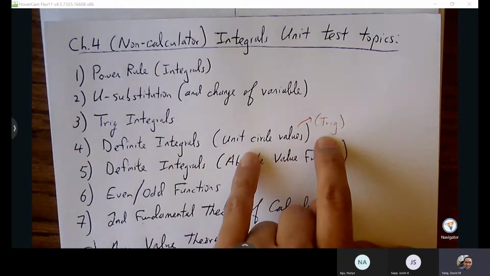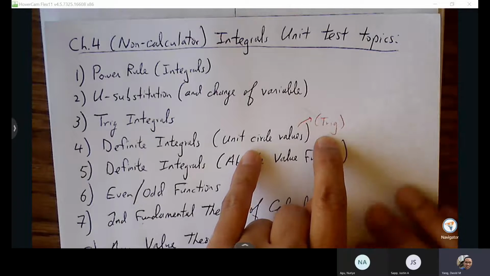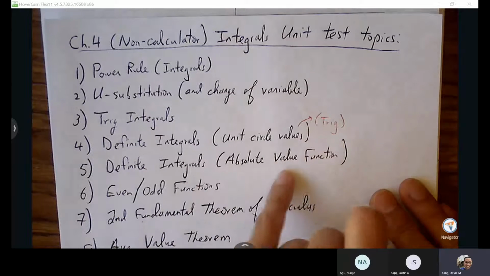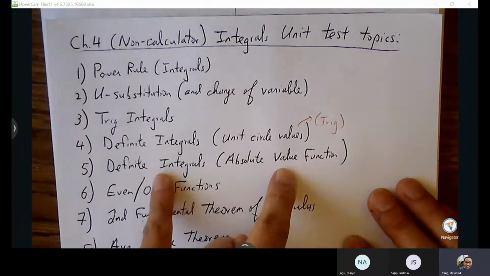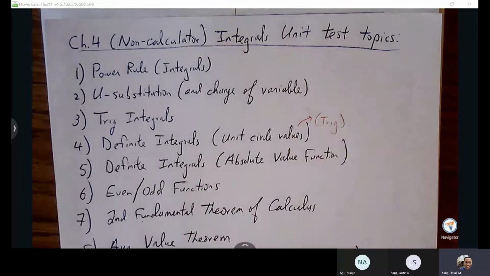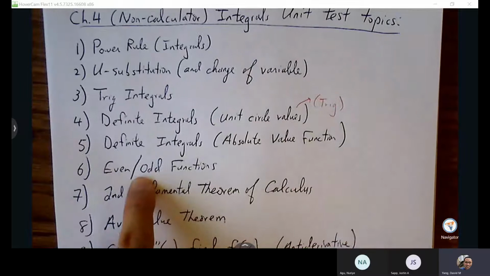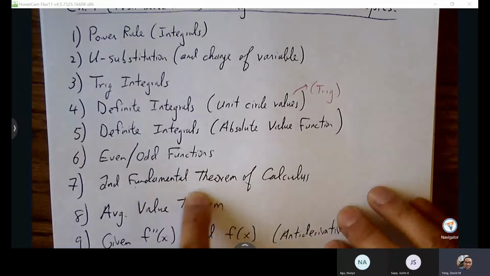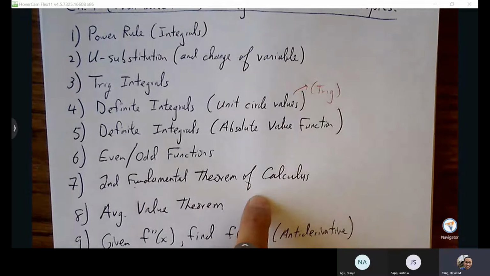Maybe I can do one of those and have us practice that. Definite integrals involving absolute value function. This is where we sketch the graph and we have two triangles and we add up the two triangles, right? Even and odd functions, we did that in class today, right? Second fundamental theorem of calculus, we did that in class today as well.